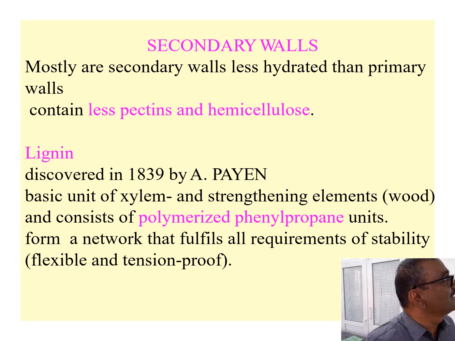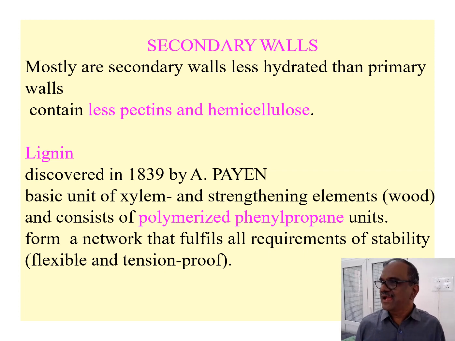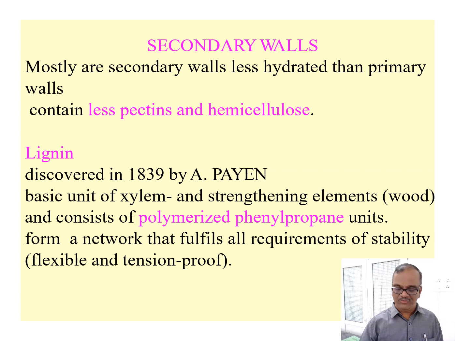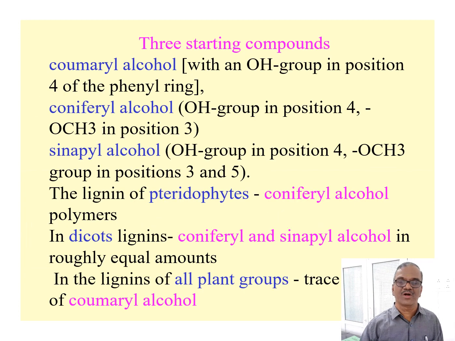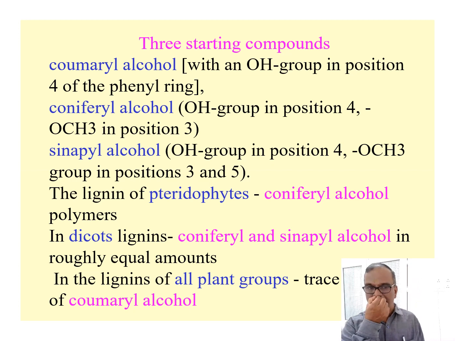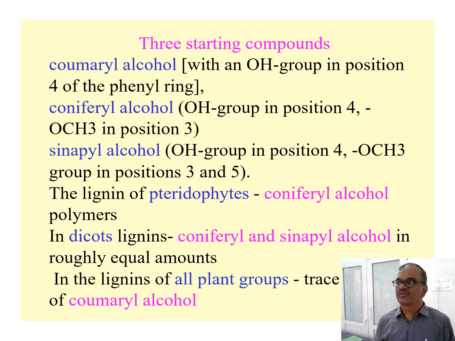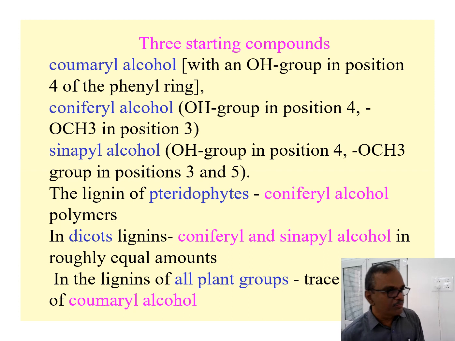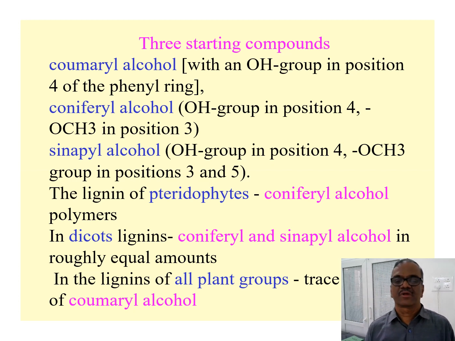Okay, so we have seen type 1 and type 2. Then the secondary cell wall, I think, as we say, has less pectin, and hemicellulose and lignin are the important ones. Three compounds are present for the lignins: the coumaryl alcohol, coniferyl alcohol and sinapyl alcohol.